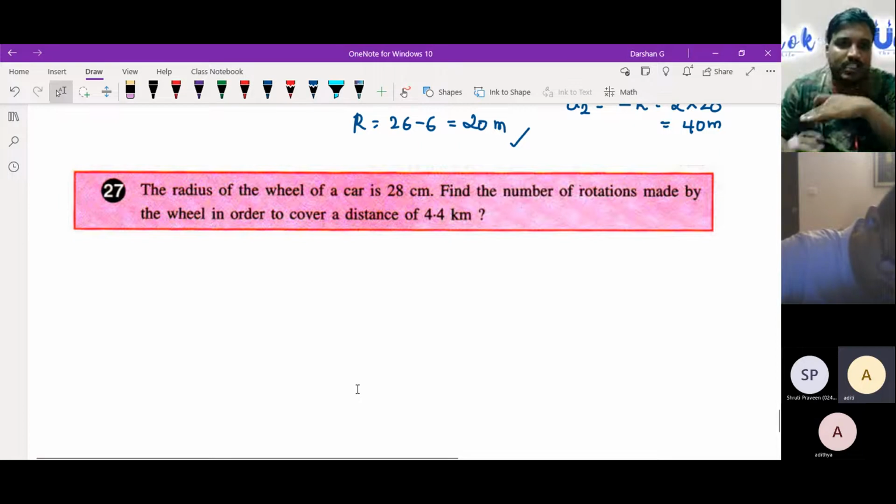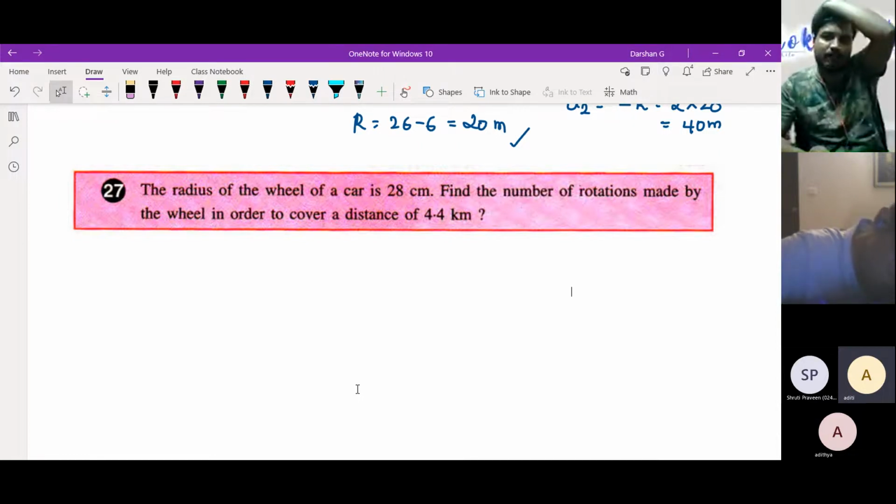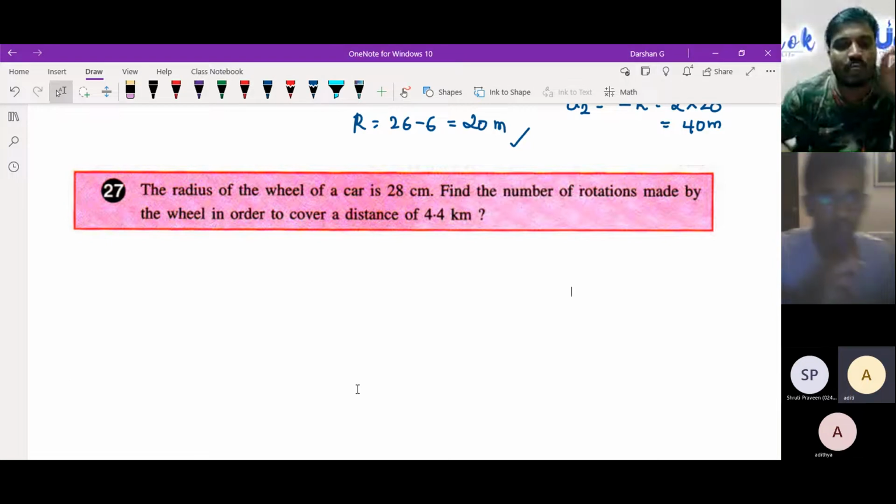I'll give two minutes. The radius of a wheel of a car is 28 centimeter. Find the number of rotations made by the wheel in order to cover a distance of 4.4 kilometer. One is in centimeter, the other is in kilometer.